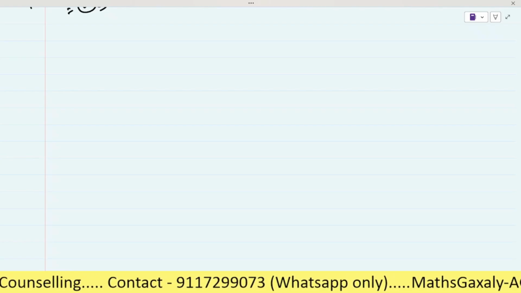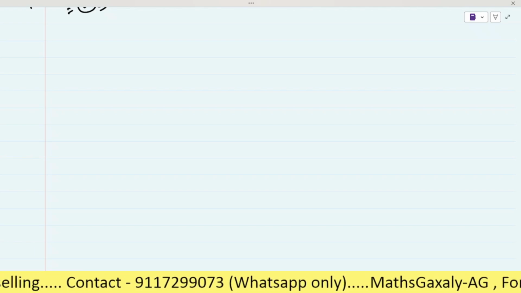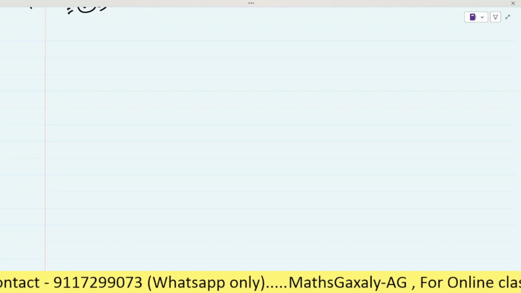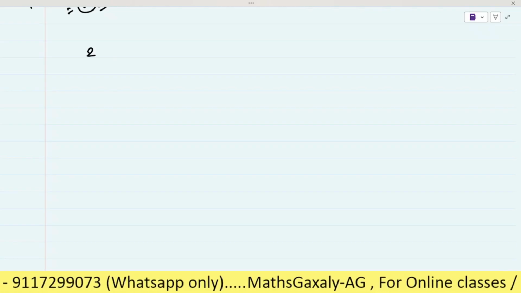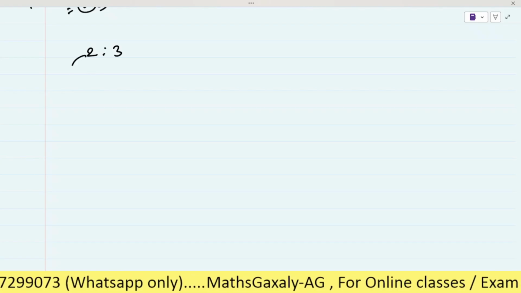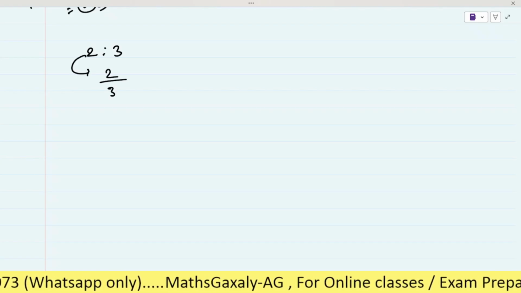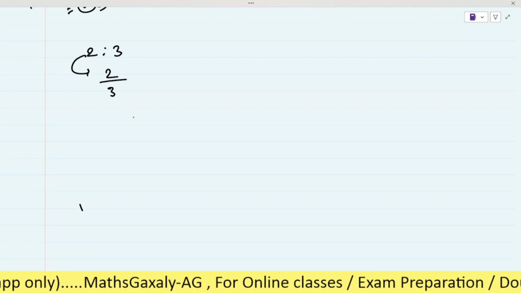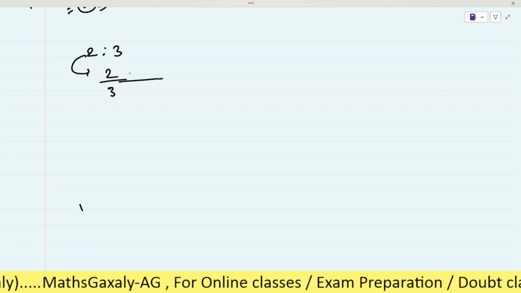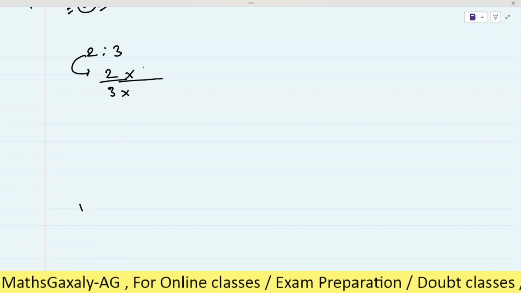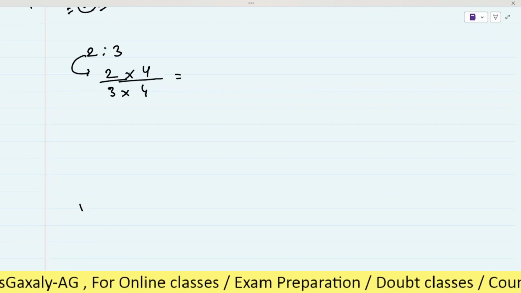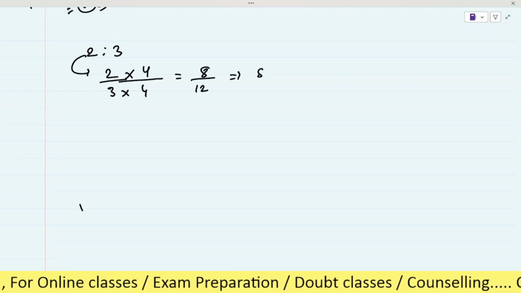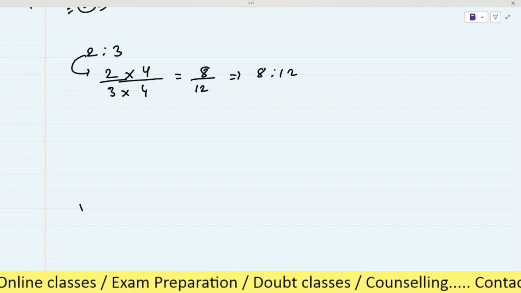Yes, sir. Do you want to see the explanation for this point or the example? Yeah, sir, can you show an example? Okay, see. When the ratio is 2 is to 3, it means this can be written as 2 by 3, right? When you multiply both terms by a non-zero number, suppose by 4, you will get 2 into 4, 8, and 3 into 4, 12. It means it is 8 is to 12, right?